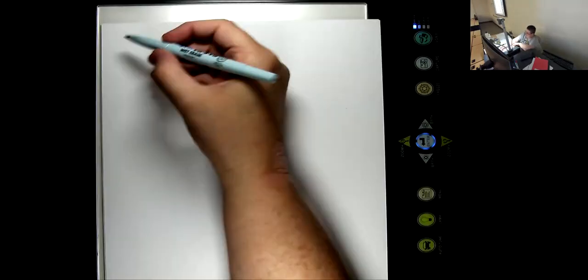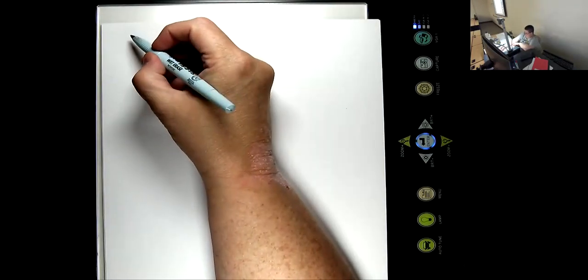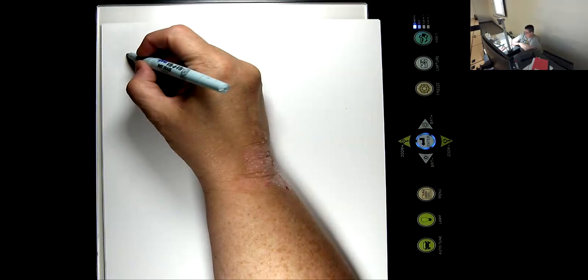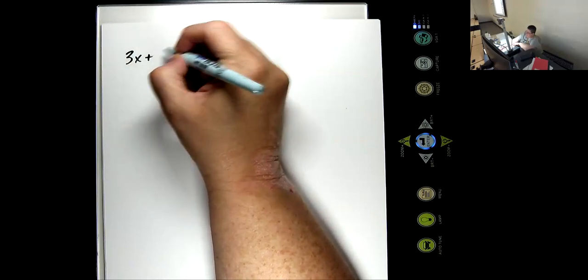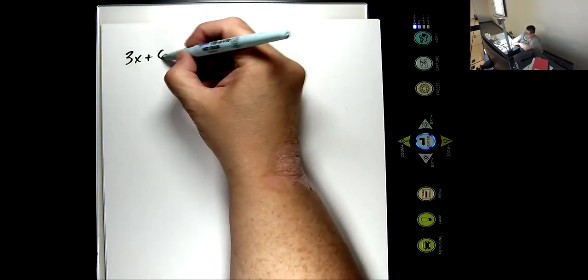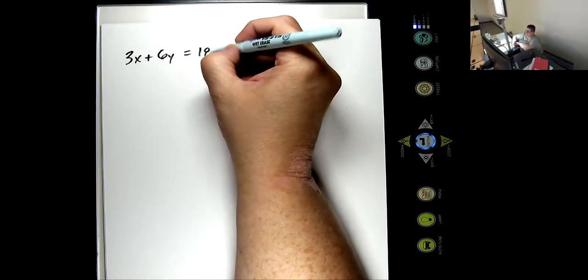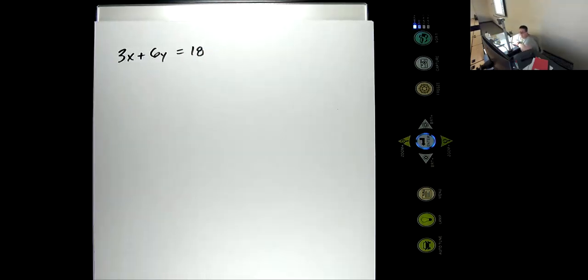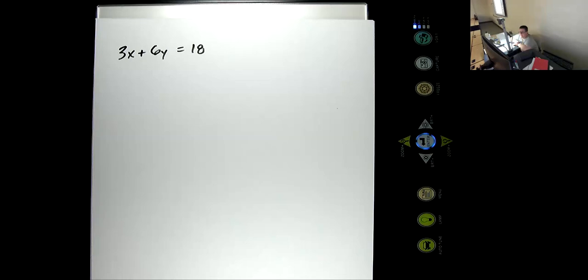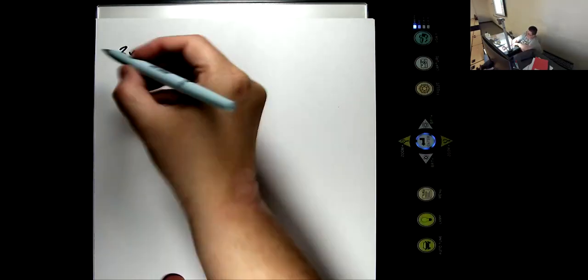So we'll give an example doing both. Table, we're not gonna do the table. Table's obvious. Let's do 3x plus 6y equals 18. So doing the two intercept methods.